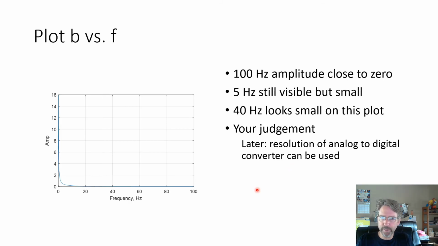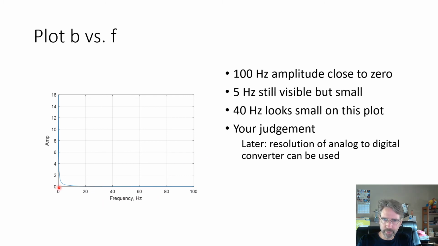The nicest way to think about this is to plot the amplitude of the B term as a function of the frequency of the sine wave, and look for where that goes to 0. So wherever this graph goes to 0, that frequency is FM. It doesn't really go to 0, it's 0 to our engineering precision.